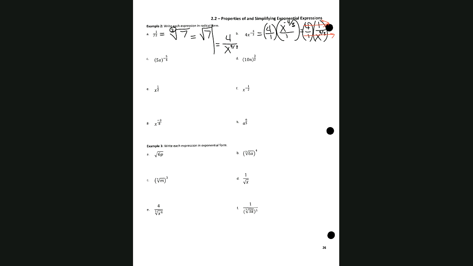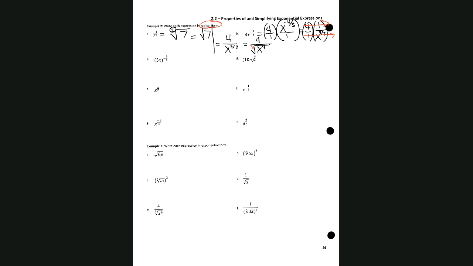Now, the instructions are to turn it into radical form. So here we're going to have two options. We could either say 4 over x to the power 4, and then we will put that in the cube root.